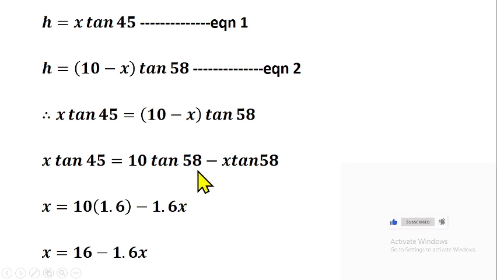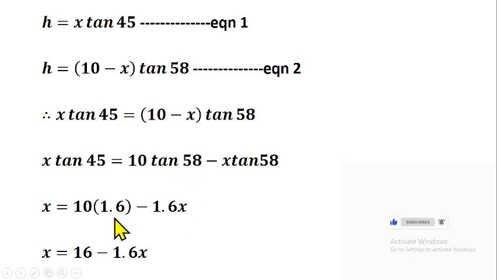Also, tan 58 will give us 1.5 something, which we approximate to 1.6. So if you press your calculator, you can do tan 58 first.